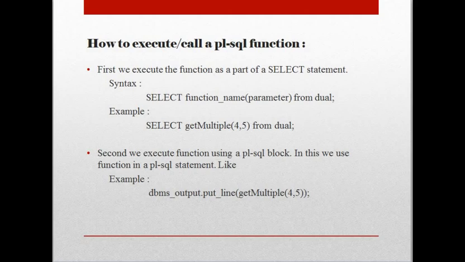Here dual is a table automatically created by the Oracle database along with the data dictionary. Dual is in the schema of the user SYS but is accessible by the name dual to all users. For example, on execution the function get_multiple is executed and we get the result: multiple of 4, 5 is 20.